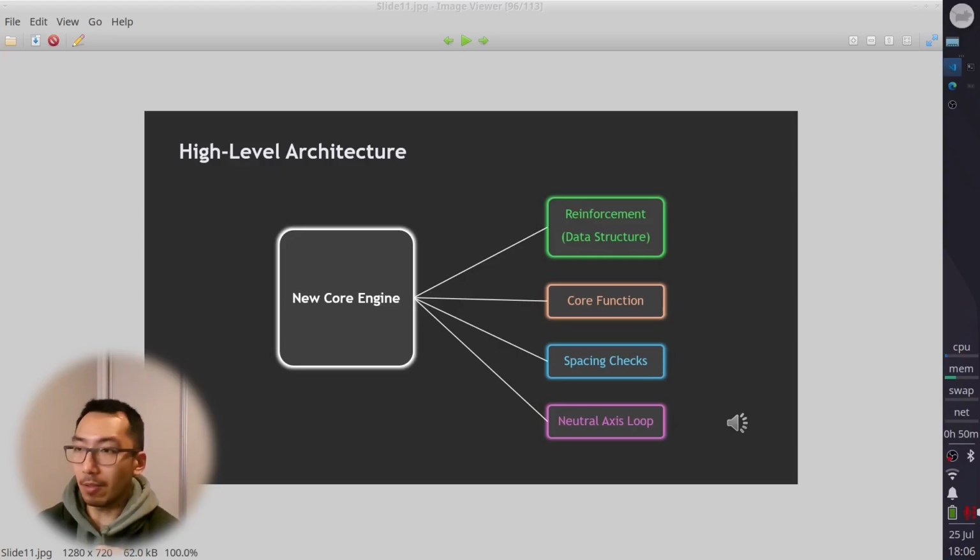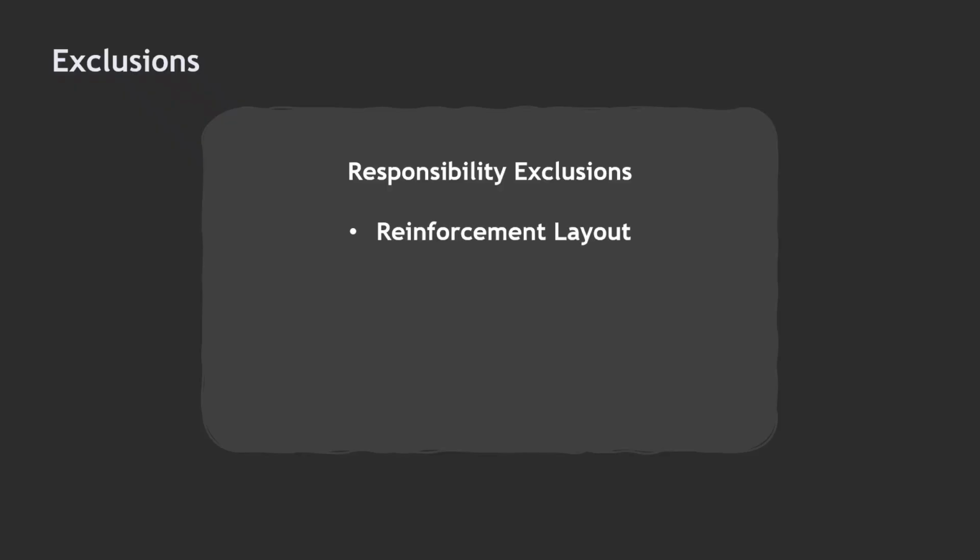So this is not yet the whole column design application. We will exclude the reinforcement, how to choose the reinforcement specifically. That's not part of it. Also the checking of the column against given demands, not that. We will also not try to validate the detailing, which is the spacing checks you see on the screen. That's not part of the core function or the capability that we're trying to extract. And of course, naturally, we don't want any decision on how the project should be run.